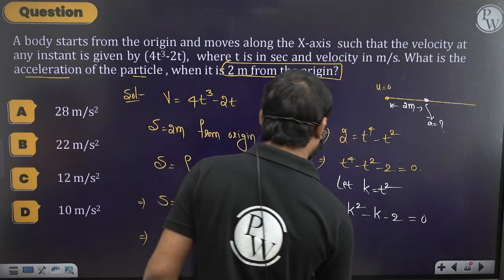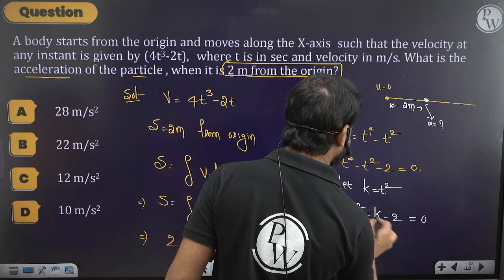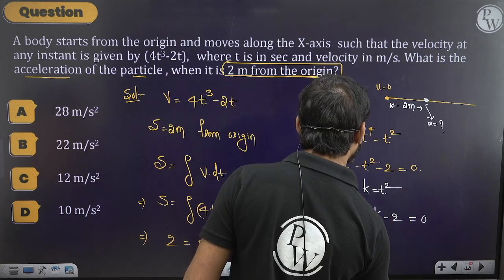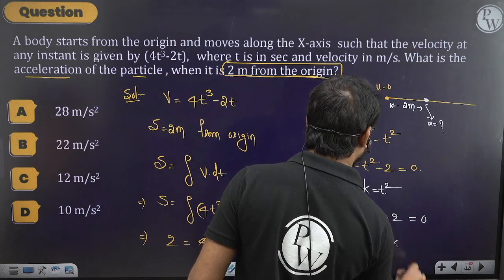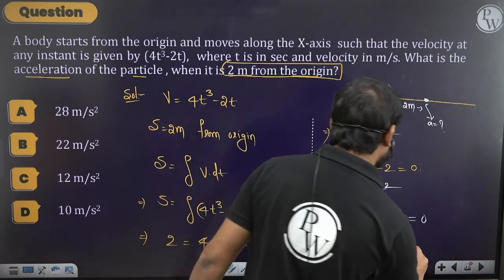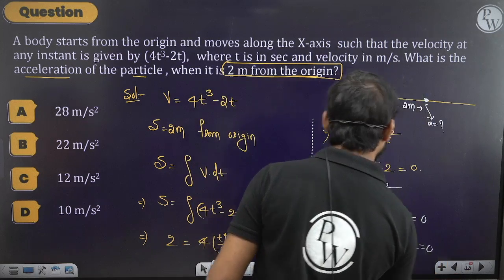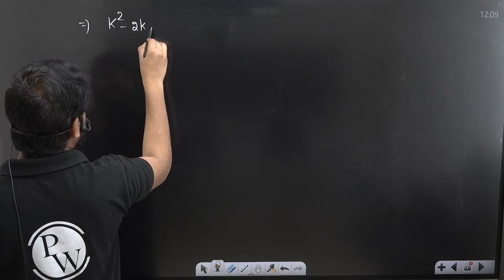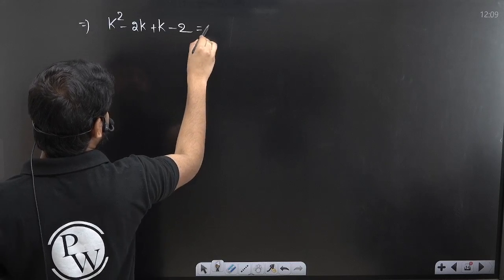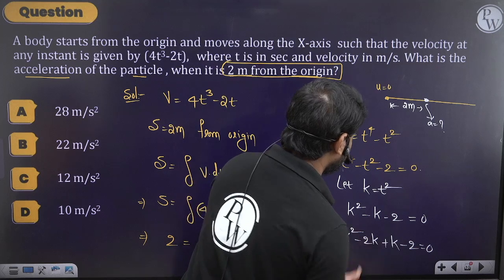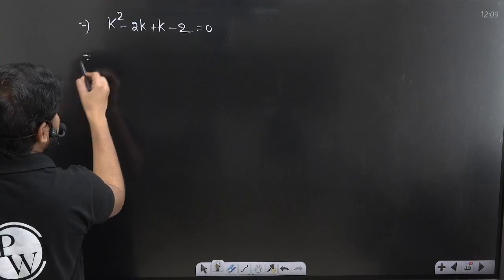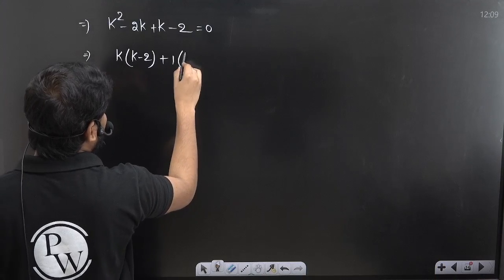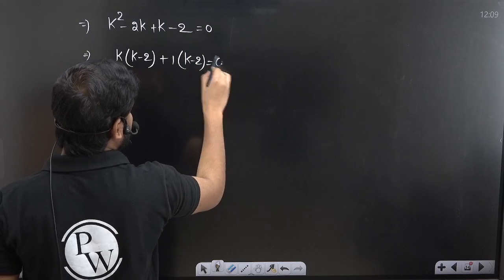So k square, and here just do the splitting of the middle term method: minus 2k plus k minus 2 is equal to 0. In the first two terms I am taking k common, which is k minus 2, and then here 1 into k minus 2, which is equal to 0.